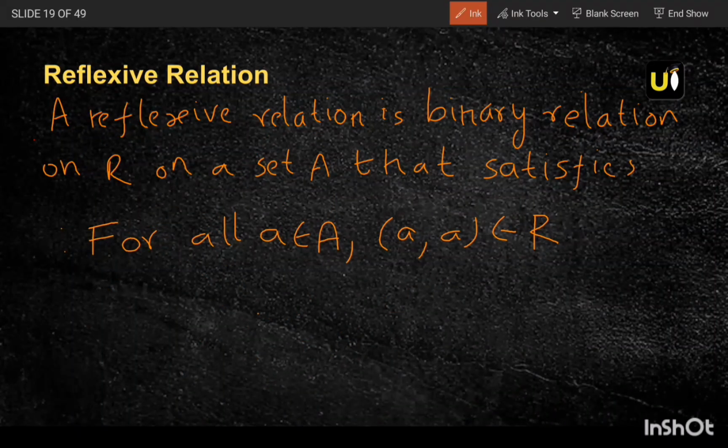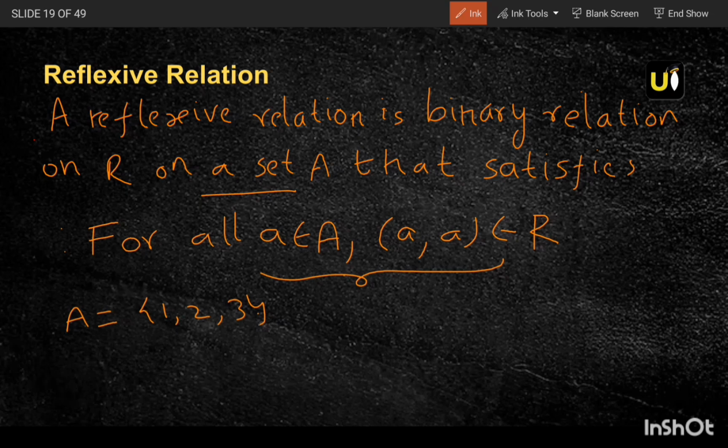A reflexive relation is a binary relation on a set A which satisfies the given condition. This means that every element in a given set A has a relation with itself. So this is defined as a reflexive relation. Let us consider an example. Given set A is 1, 2, 3. Let's define a relation.